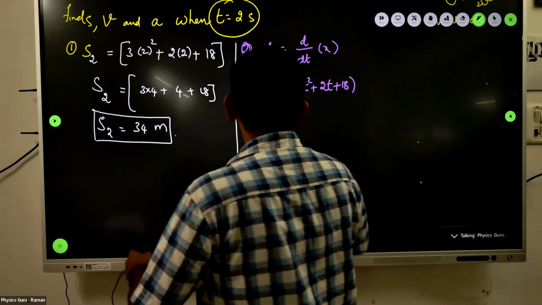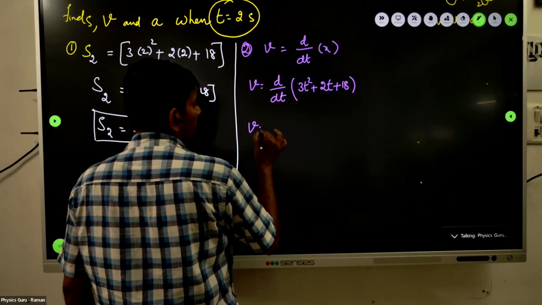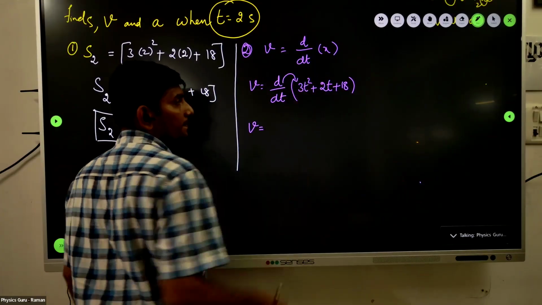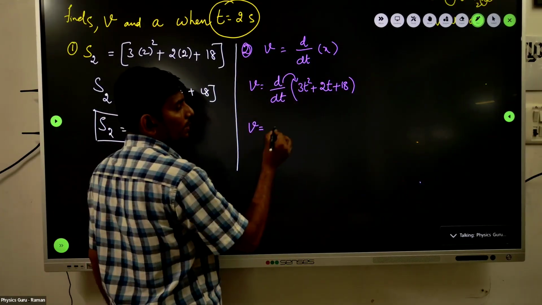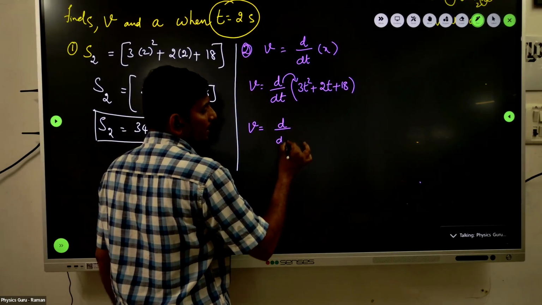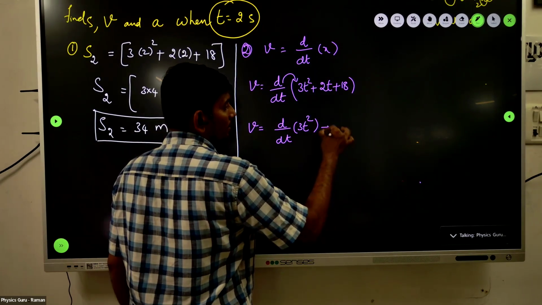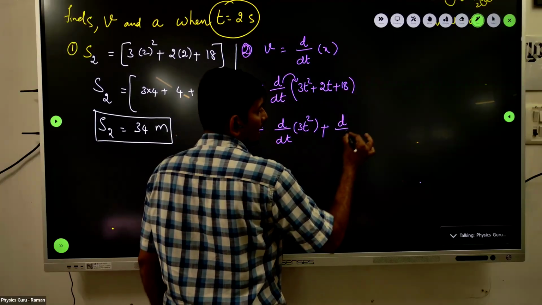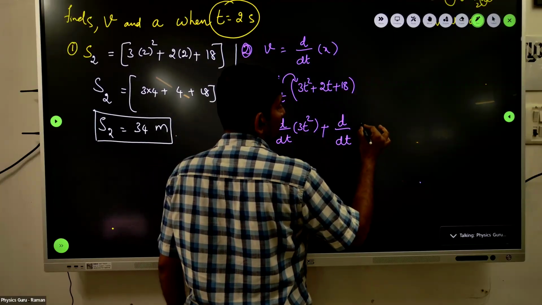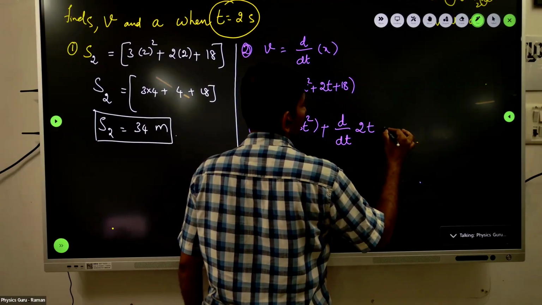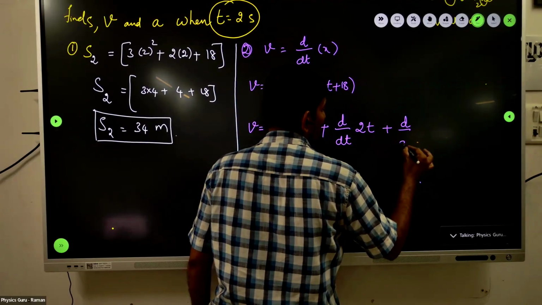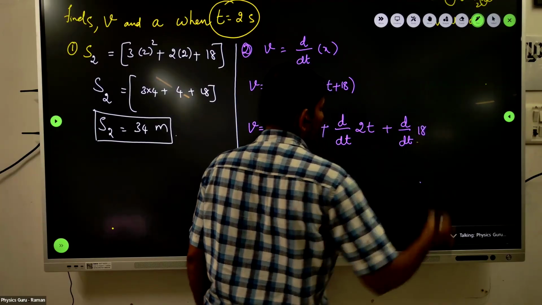Now, velocity is equal to, let's take this inside: d by dt of 3t squared plus d by dt of 2t plus d by dt of 18.